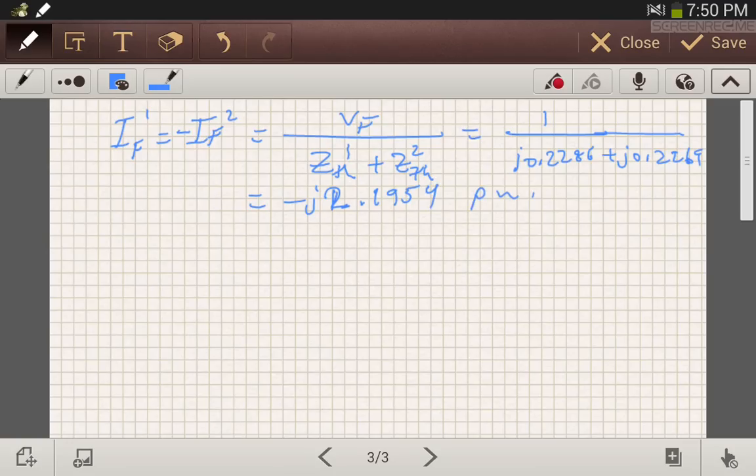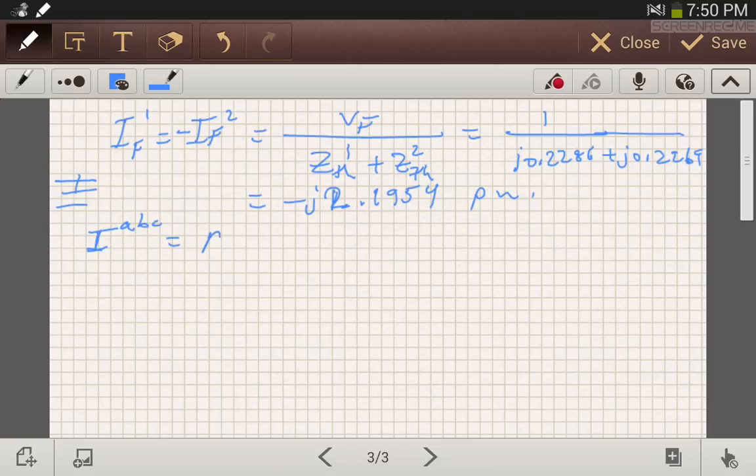So to find the generator currents, I need to find the ABC currents, which are the currents of phase A, B and C. And since this is a line-to-line fault, one of the 3 lines is going to be equal to 0.